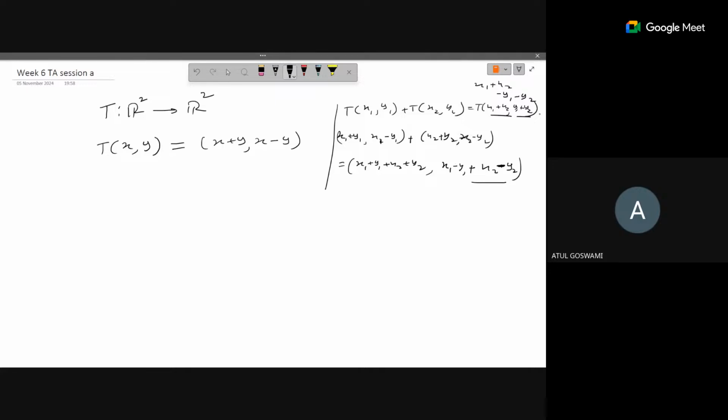Sorry, I had subtracted these two, but it is addition. So now they are equal, and this is a linear transformation.